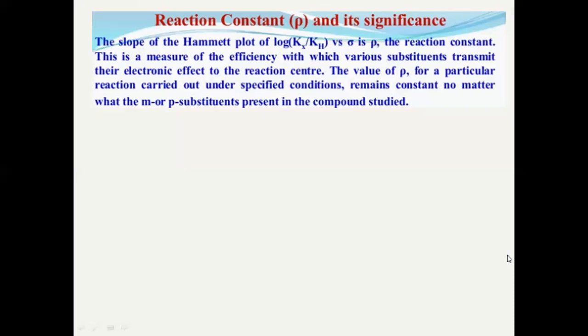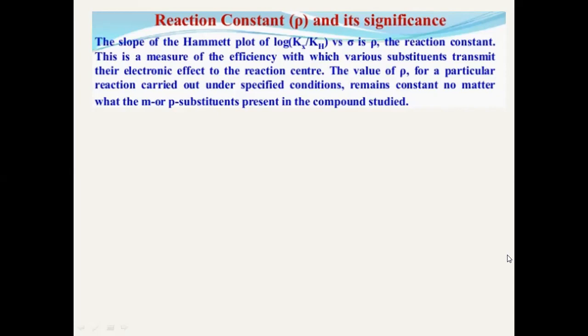See, what is the reaction constant rho? It is useful to find out the quantity that different substituents, various substituents are there, many diversity are there. How they exert their electronic effect on the reaction center. यानी जहां पर रिएक्शन हो रही है ना, उस रिएक्शन पे सब्स्टिट्यूएंट्स का क्या इफेक्ट होता है?